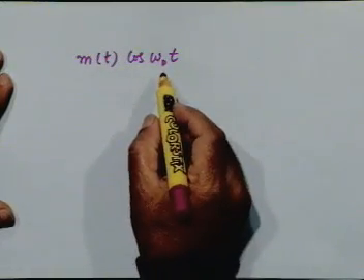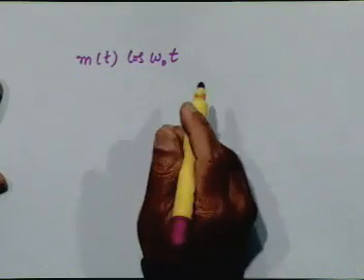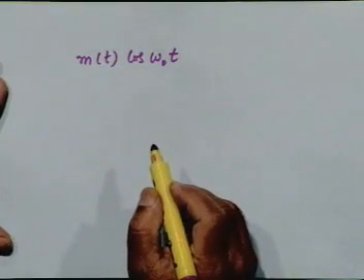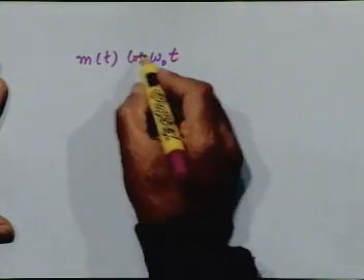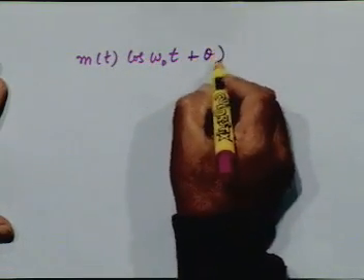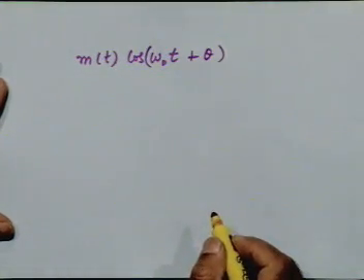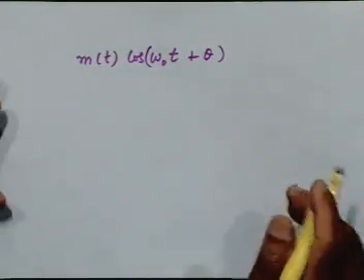Okay, let's consider this signal m of t cosine omega naught t, or maybe let's make it slightly more general, cosine of omega naught t plus theta, right? Suppose I ask you to visualize this signal as a waveform.